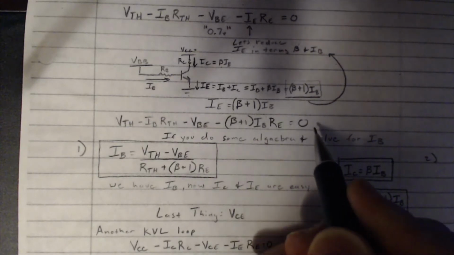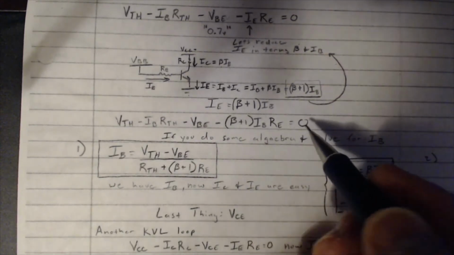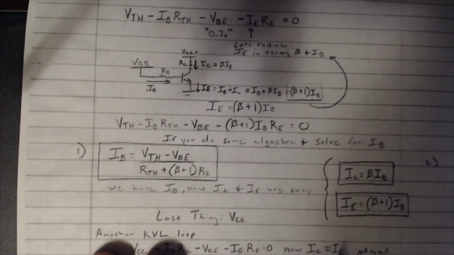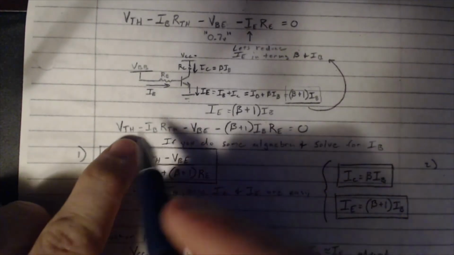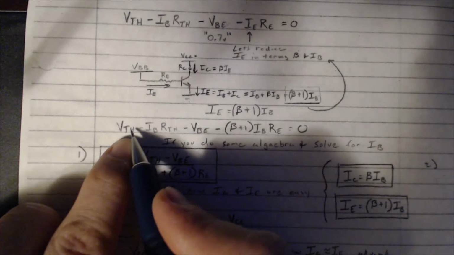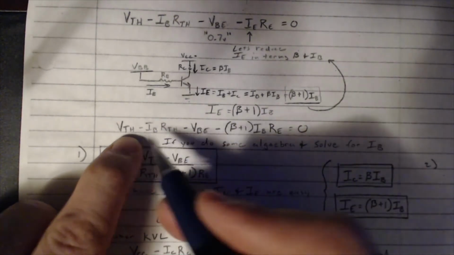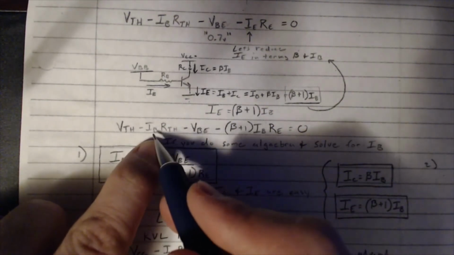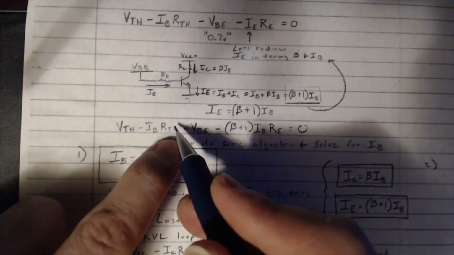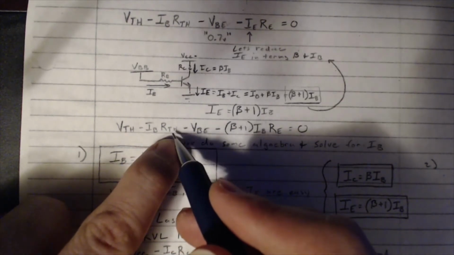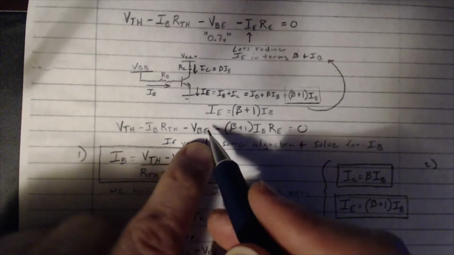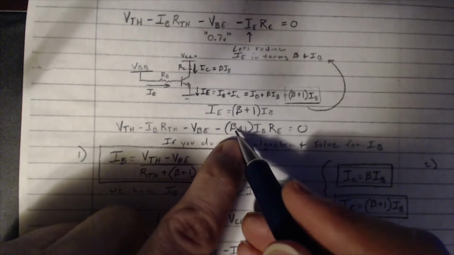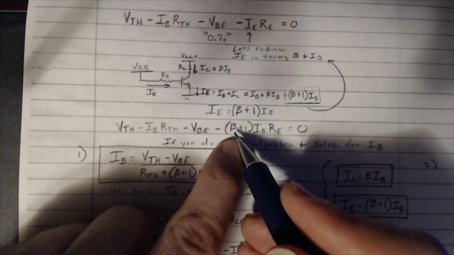All of that equal to 0. And now what we have is an equation that we can solve. We know what VTH is because we already would have solved for that. We're trying to find IB. We would have already solved and known the Thevenin resistance. This would just be 0.7 volts. We should know what beta is for the transistor.